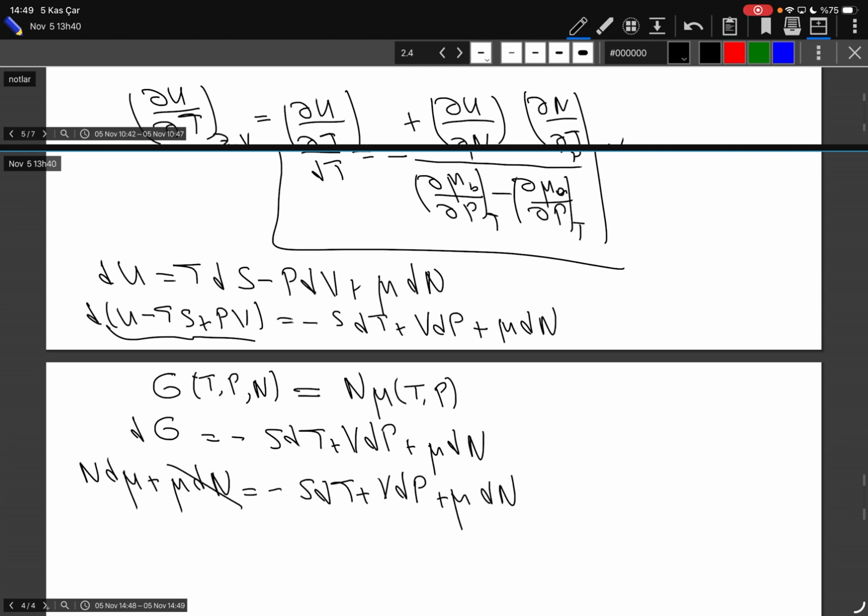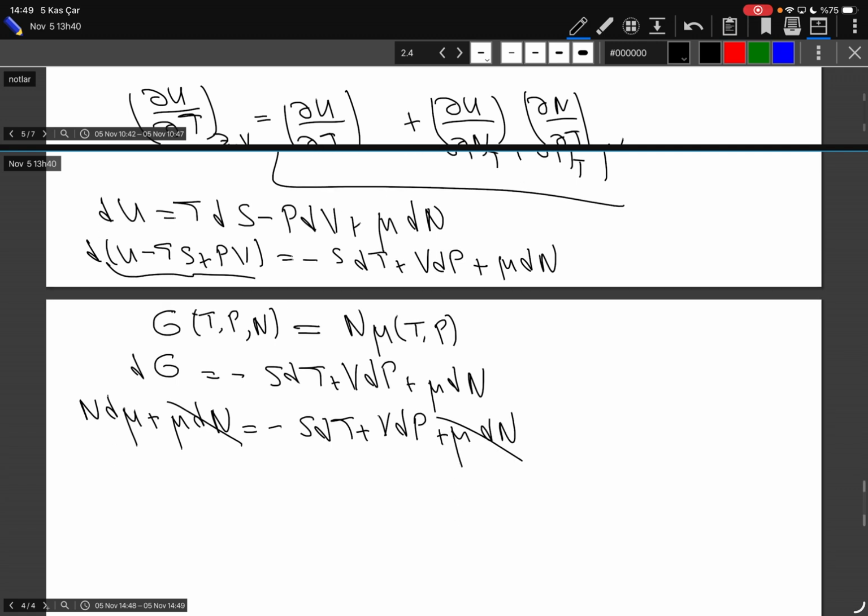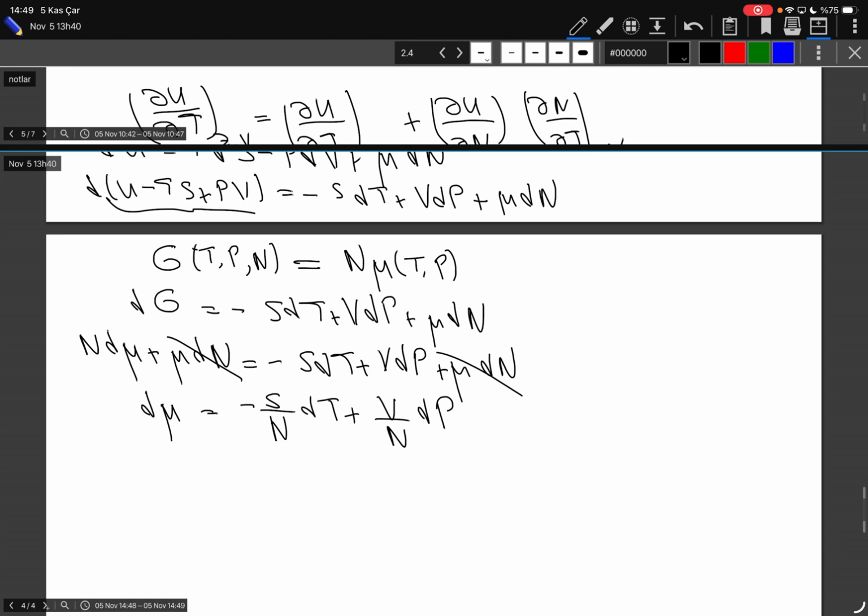The mu dN's cancel, and now I know what the differential of mu is in terms of my other parameters: minus S over N dT plus V over N dP. Now S over N is the entropy per particle, V over N is the volume per particle. They are usually denoted by small s and small v.